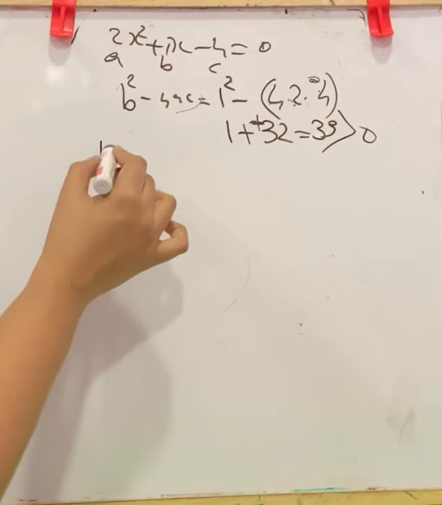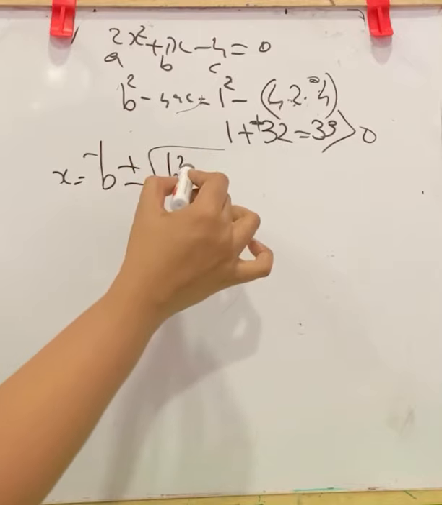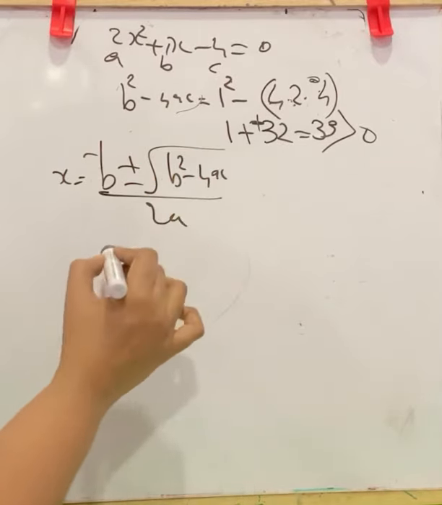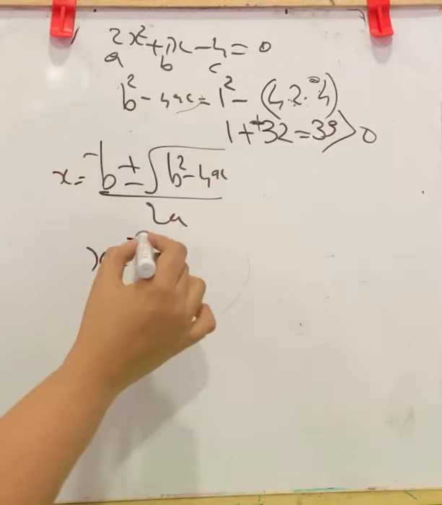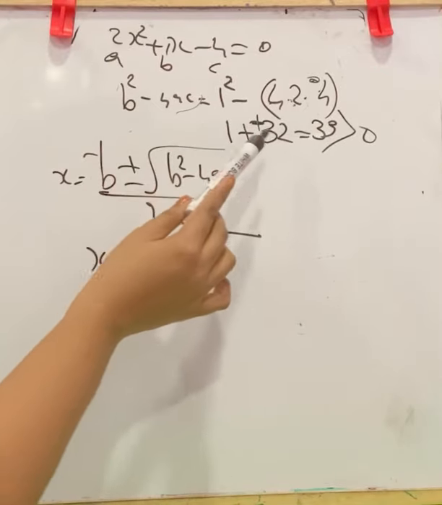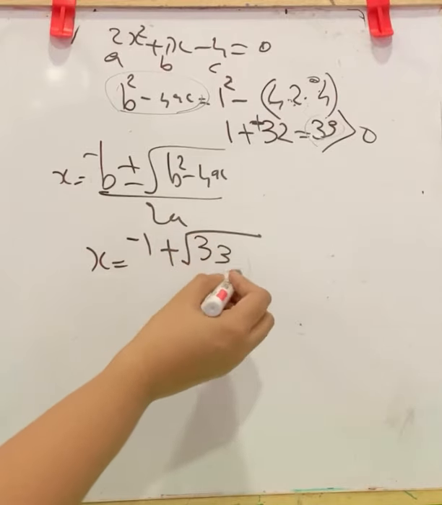So we can apply x equals minus b plus or minus root of b square minus 4ac by 2a. Now x is equal to minus b, which is minus 1, plus root of b square minus 4ac; we got 33, so root 33, by 2a.